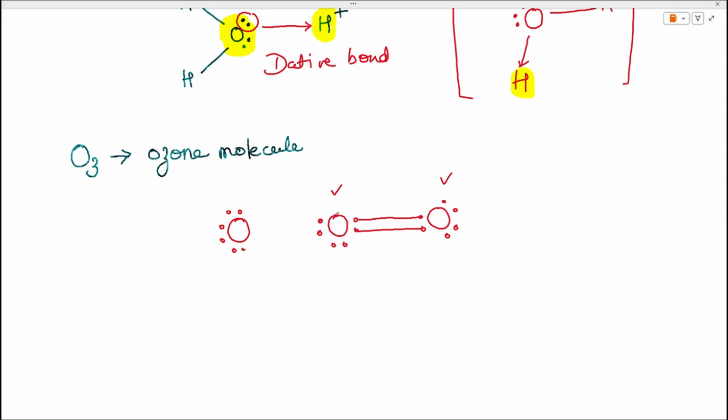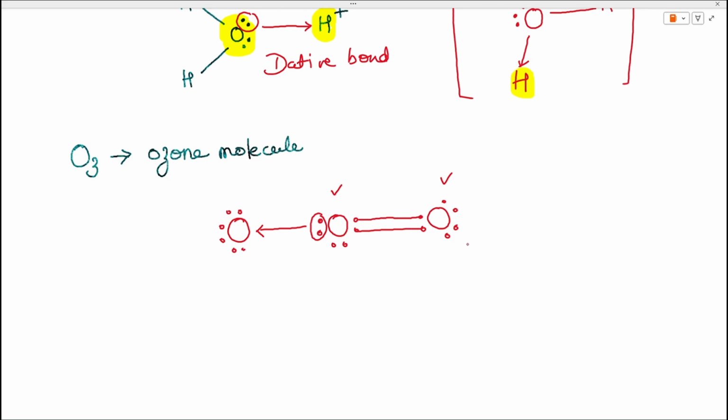Now what can happen is, because this oxygen has 2 lone pairs of electrons and this oxygen is deficient in 1 pair of electrons, a pair of electrons could be shared by the middle oxygen to the oxygen on the left.